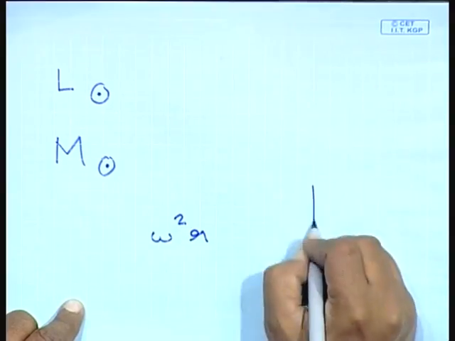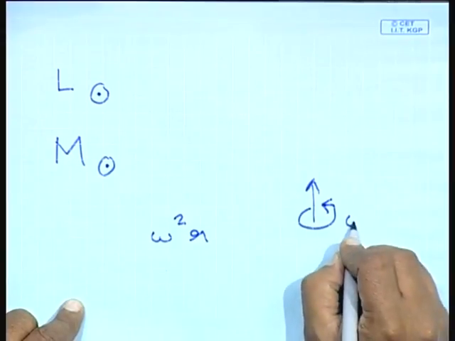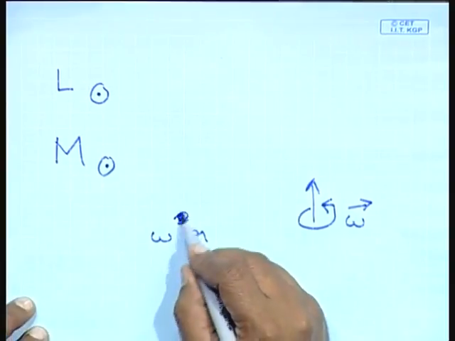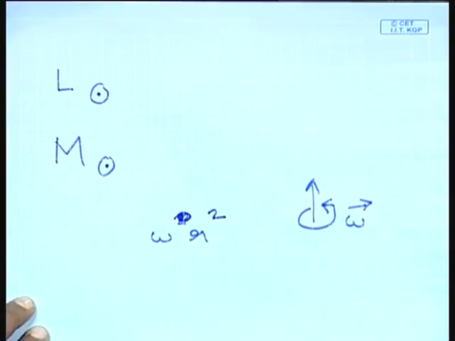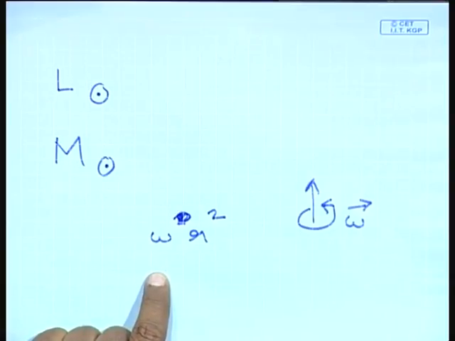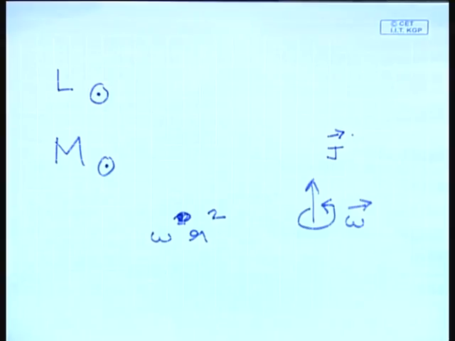If this is the direction of angular momentum, and this is the angular velocity omega, then the angular momentum is omega into r squared, and if you make r small, then omega has to go up because the angular momentum is conserved. So, as this gas cloud, as this nebula collapses, it starts spinning faster and faster.